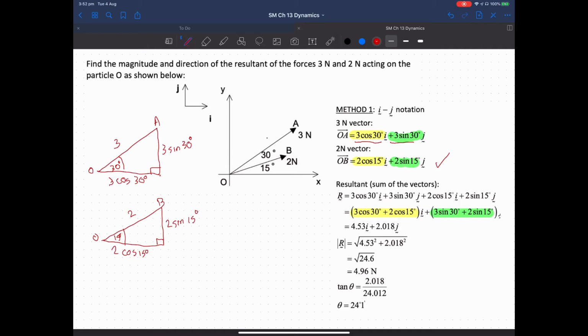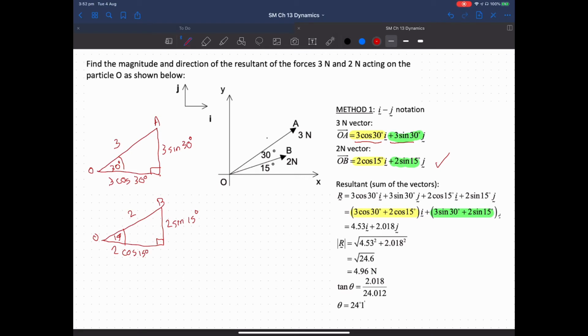Hence, 3 cos 30 degrees plus 2 cos 15 degrees comes out to be 4.53 in the direction of unit vector I. 3 sine 30 degrees plus 2 sine 15 degrees comes out to be 2.018 in the direction of unit vector J. So it says find the magnitude and the direction.